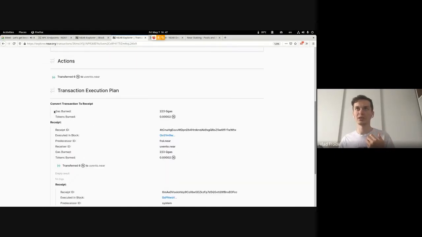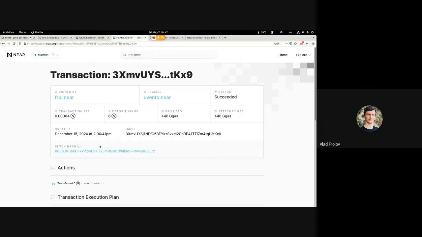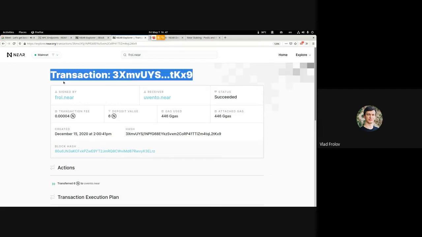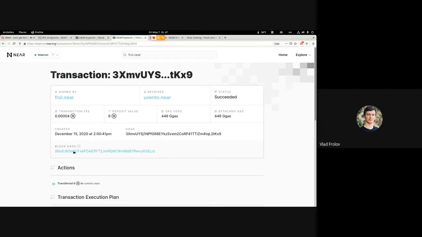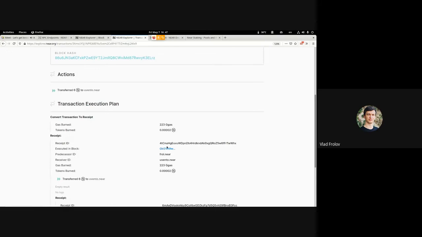Otherwise, it will be executed in the next block. As you can see, the block hash in which this transaction was included is 8606, and this receipt was executed in this block GK G1.